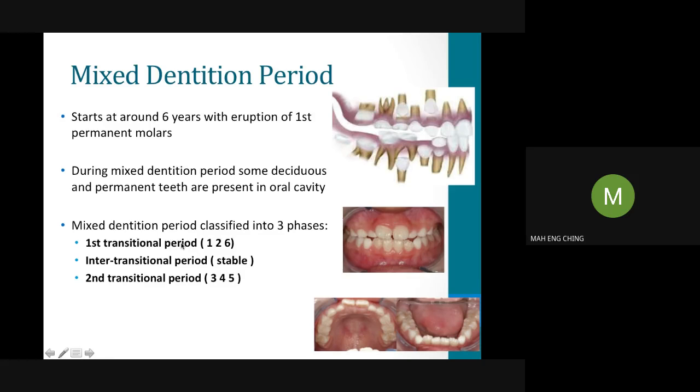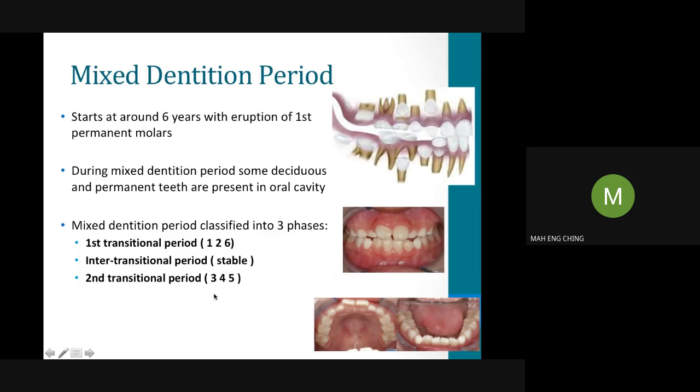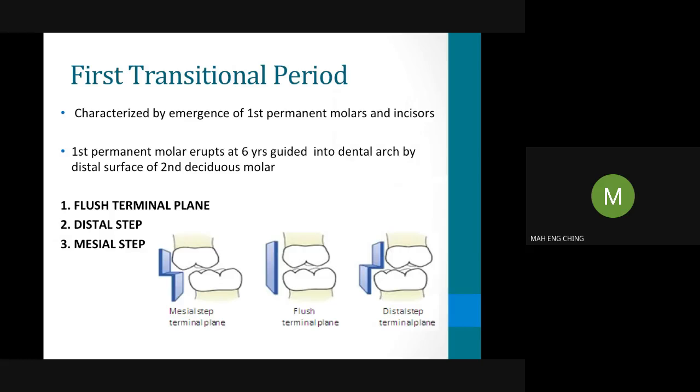The first transitional period is the central incisors and sixes, where you look at the incisor crowding. The second transitional period, you look at the posterior crowding, 3, 4, 5. Only when the 3, 4, 5 come out do you know the true picture of the crowding.